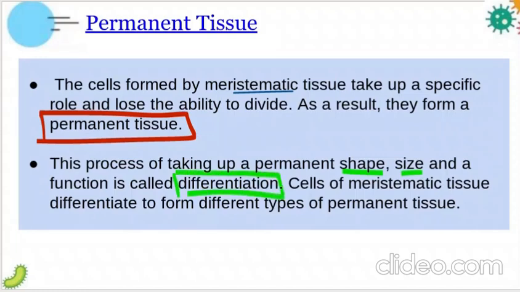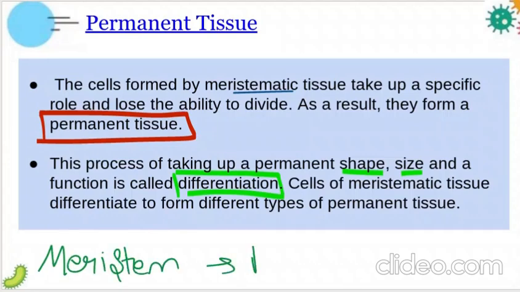When a meristem is converted into permanent tissue and takes a permanent shape, size, and function, the process is known as differentiation. Now the cells of meristematic tissue differentiate to form different types of permanent tissue. So meristematic tissues differentiate and become permanent tissues.